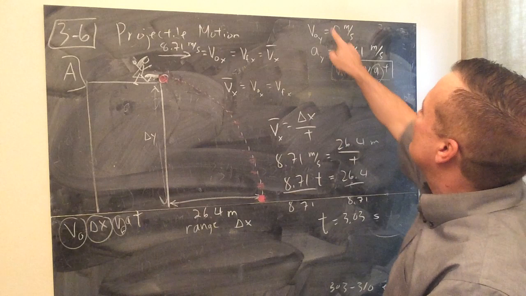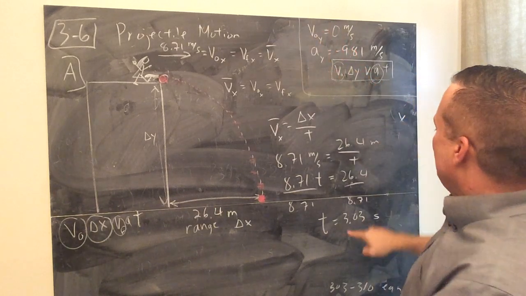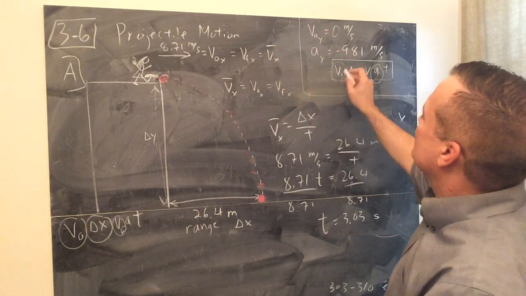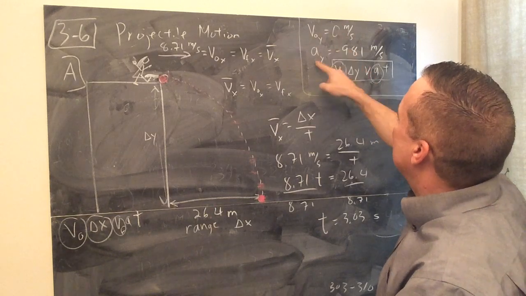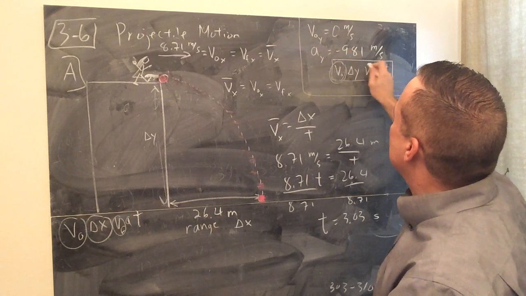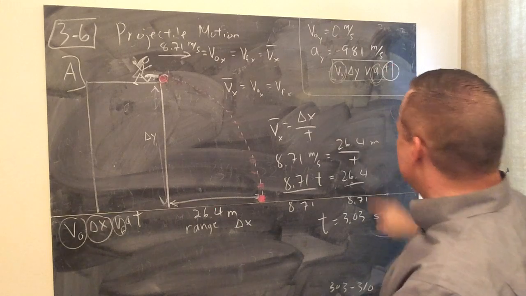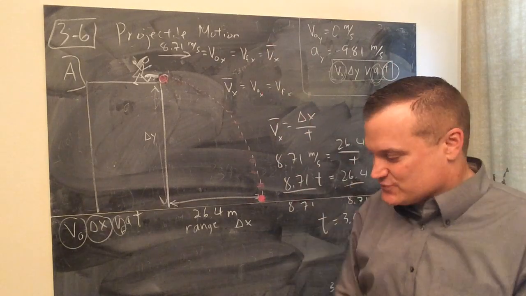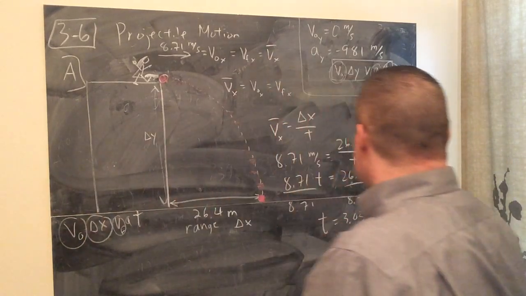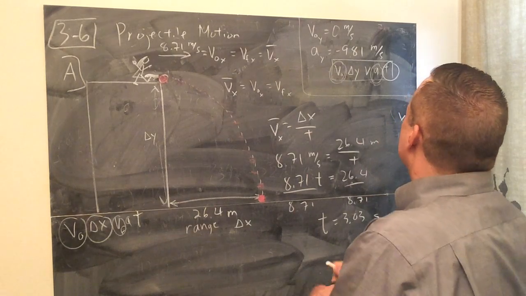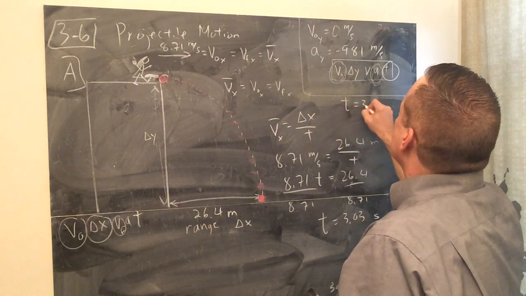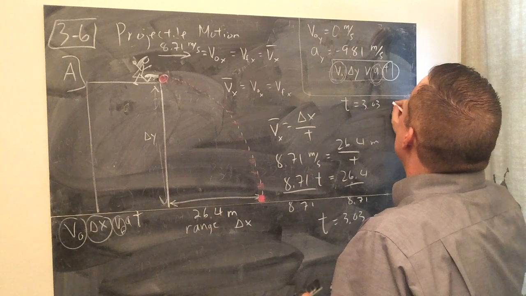So we know in the vertical problem, we got this. Now, in the vertical direction, our initial was 0. Our acceleration, negative 9.81. And now we know the time is 3.03 seconds to fall straight down. So let me take that 3.03. That was your time of travel.